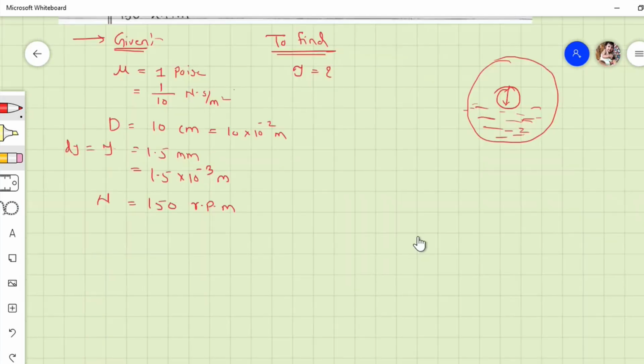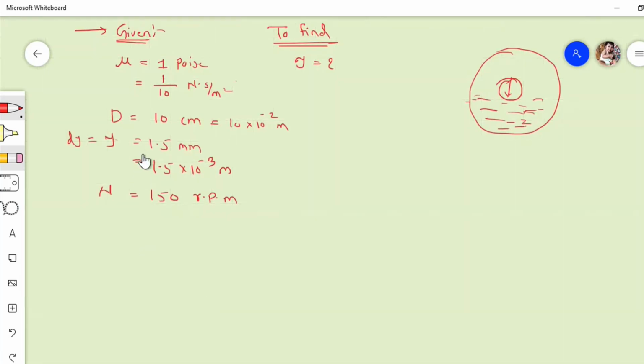So first you have to find out the velocity, and with the velocity and Newton's law of viscosity you can find out the answer. Here you don't have the velocity. So to find this velocity, we are going to use the formula pi d N by 60. I also told you how this formula came.